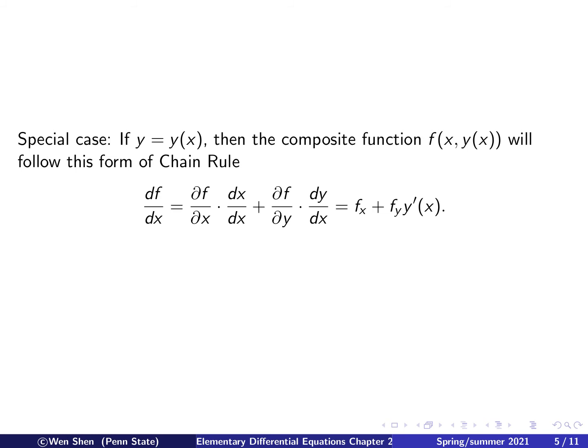So df/dx would be the partial derivative of f in the first variable, in x, times dx/dx, and then the second one, df/dy, differentiating with respect to the second variable, times dy/dx. And then we know dx/dx is just 1, and this is y', and let's write the shorthand: it's f_x plus f_y y'. So try to remember this form, which will be very useful.